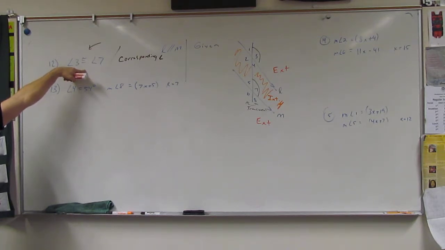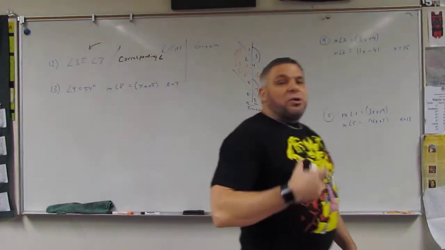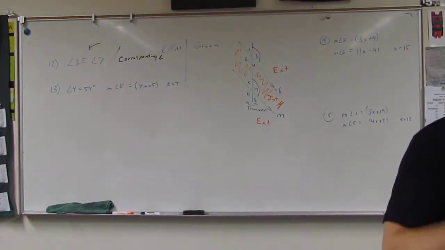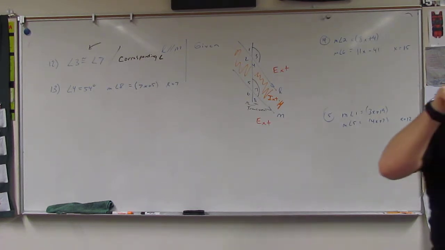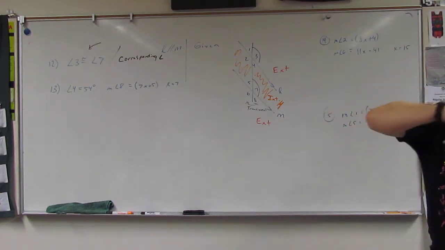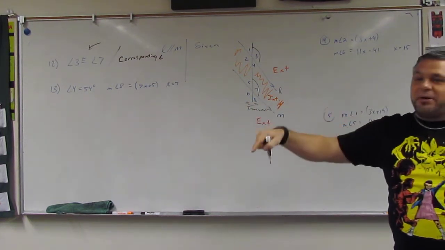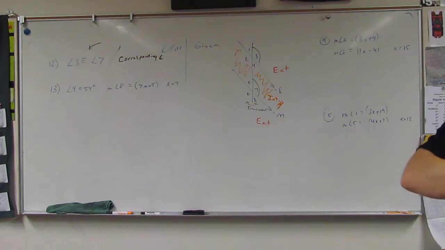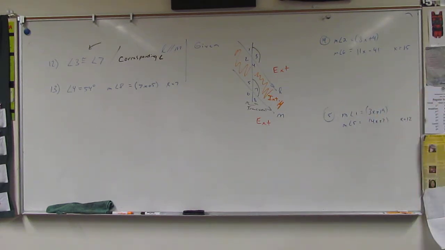You have to learn these angles. You have to learn corresponding, alternate interior, alternate exterior, same side interior, same side exterior. Remember, the same side ones, those are supplementary. Alternating or corresponding are all congruent.